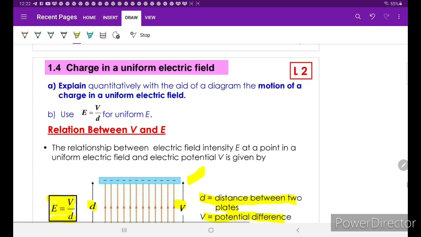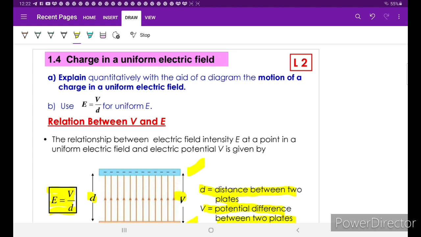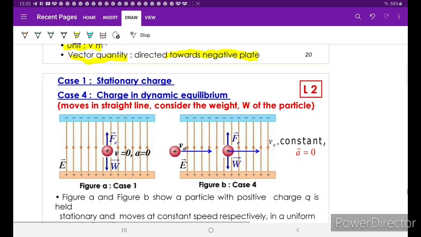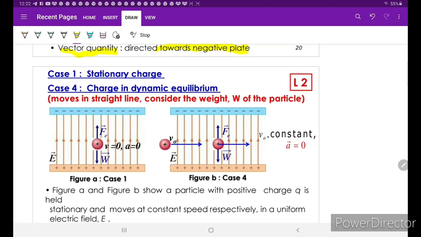Alright, now to explain quantitatively with the aid of diagram the motion of the charge in a uniform electric field, we are going to discuss four cases. Okay, for case 1, it is a stationary charge in a uniform electric field at figure A here, and we combine it with case 4 in figure B, which is charge in dynamic equilibrium.